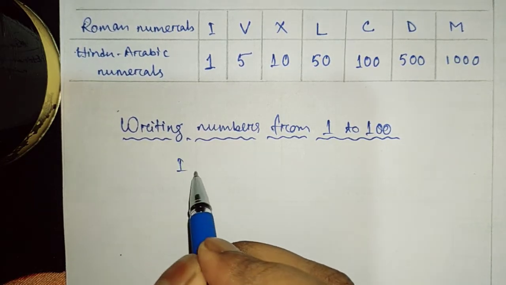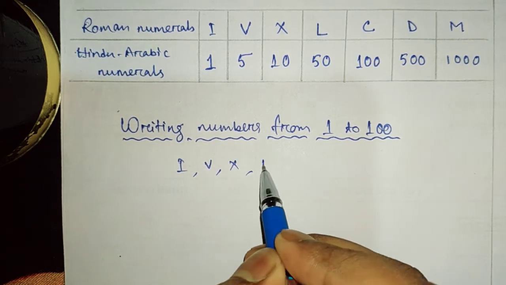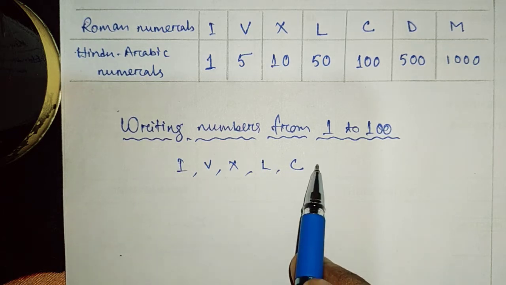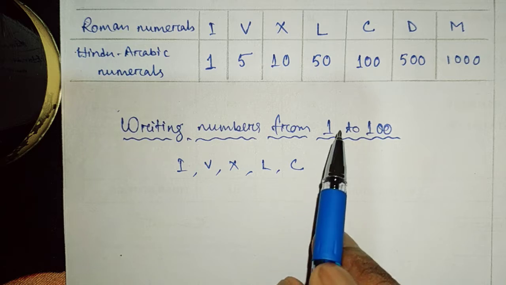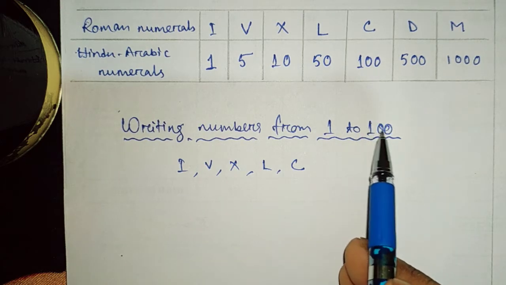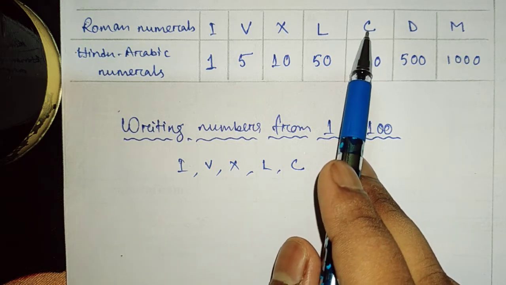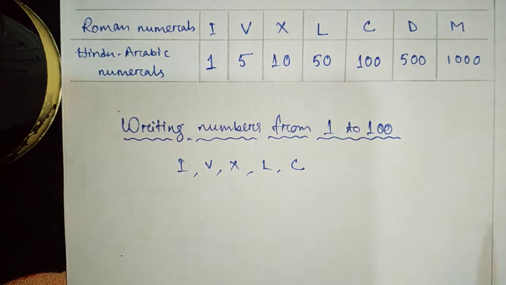Generally these Roman numerals are used to write numbers from 1 to 100 because 100 is represented by C. So we'll take the numbers from 1 up to C.